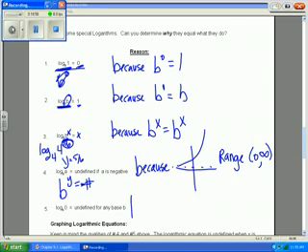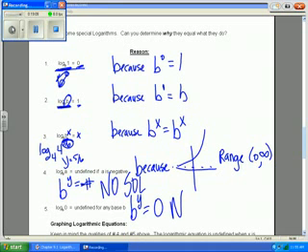And the same thing happens here. B to what power gives you a 0? Well, these are both no solution or undefined because, same thing, your range is from 0, not including 0. It doesn't ever equal 0. There's no exponent that could make that base equal 0.